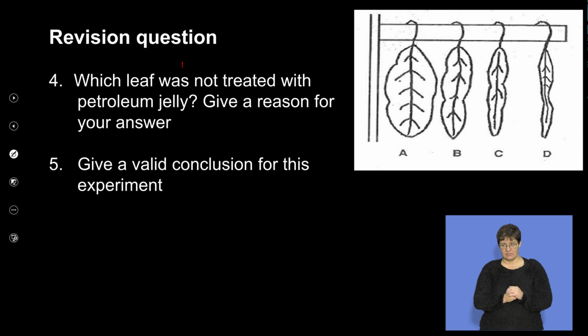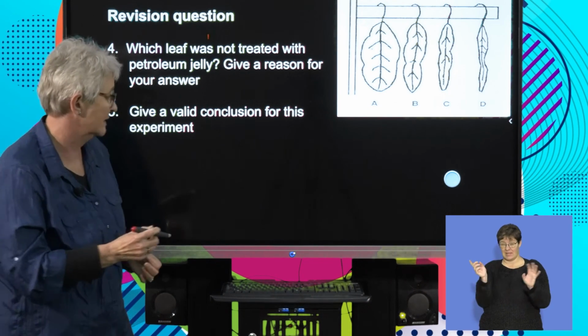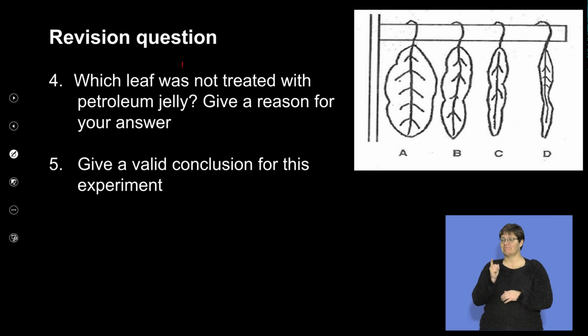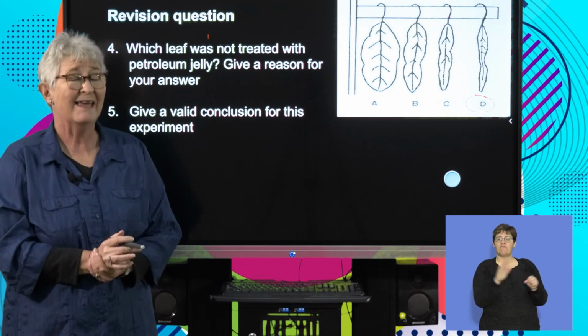Then, more questions are asked. For example, which leaf had no petroleum jelly? And that should by now be quite easy to work out. It's got to be leaf D, because that poor leaf has shriveled up completely. In other words, it's lost more water than any of the others.